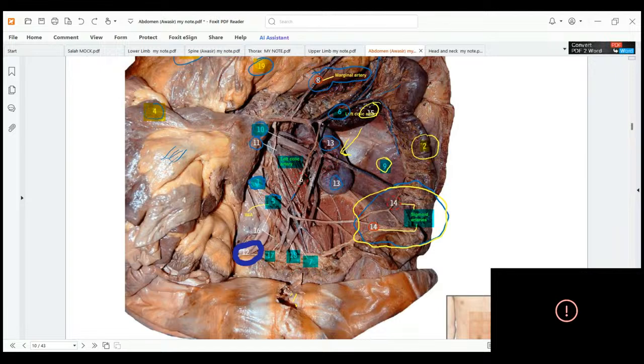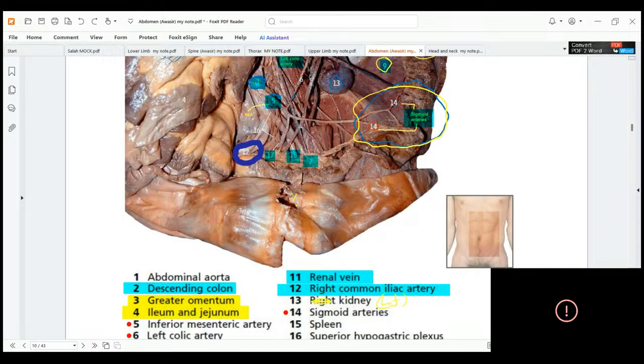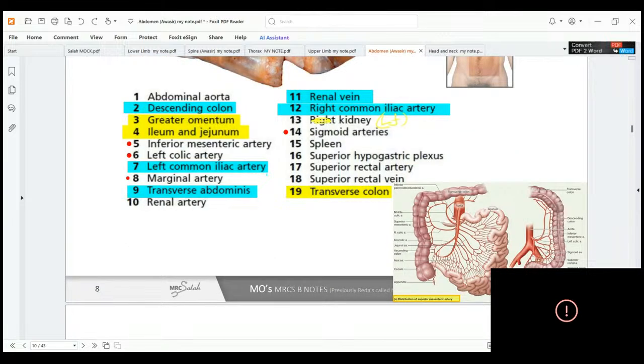So left colic and sigmoid. What else does it give? It gives the left colic, sigmoid and superior rectal. First branch is left colic, then it gives the sigmoid, then it gives the superior rectal.